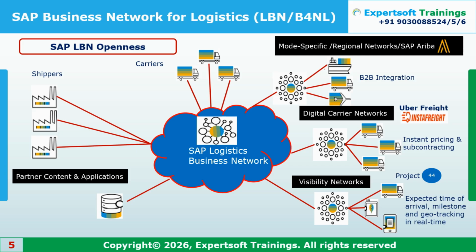In terms of GTT, I don't think any other application will have this good functionality. GTT and all, it is very good in BN4L. Of course, there are many other applications: Transporeon, Shippeo, Four Kites. Of course, everybody knows Four Kites.